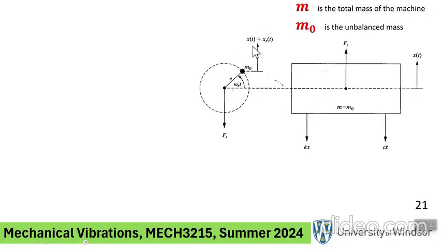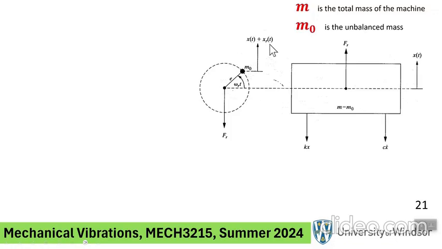So at any instant, this block is at location x, but the unbalanced mass itself is at location x plus xr.